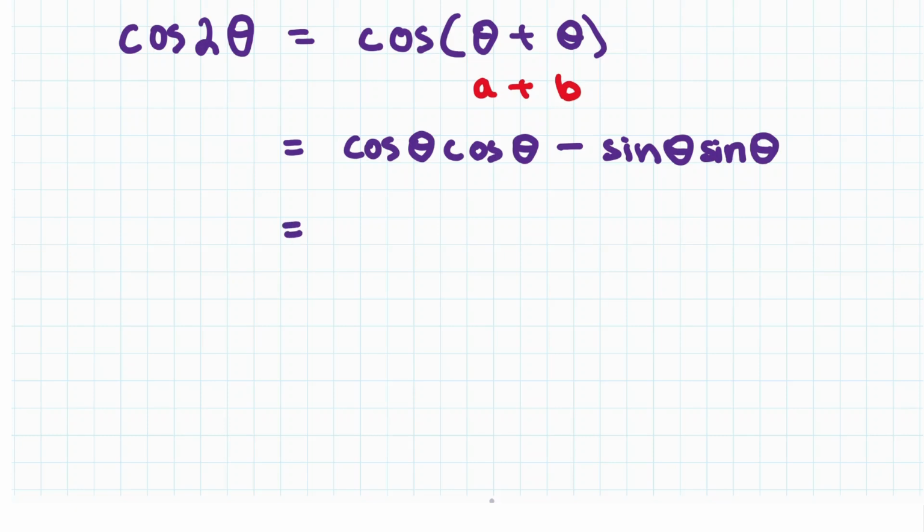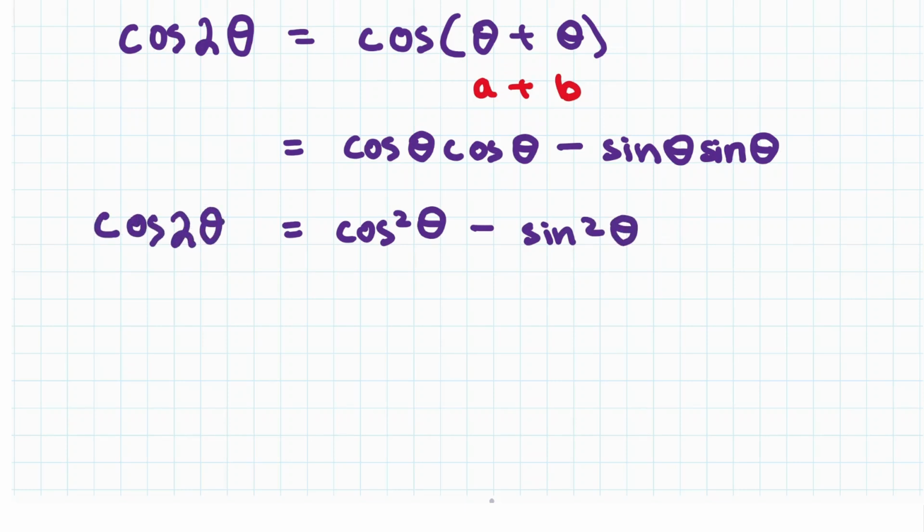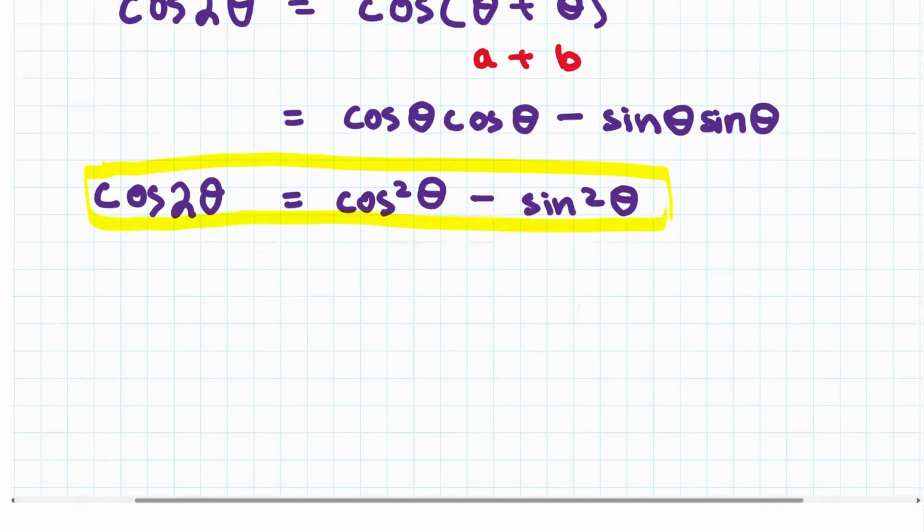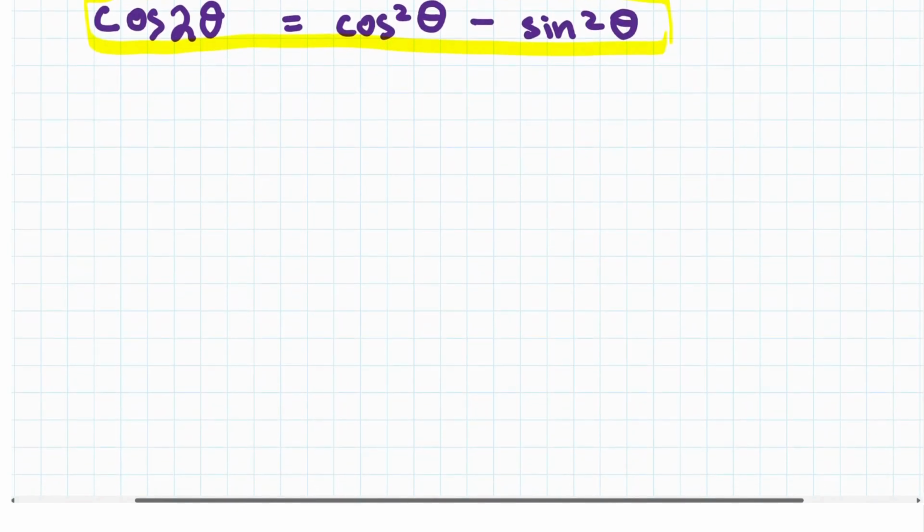Well, we can rewrite this then as cos squared theta minus sine squared theta. And there you go. That is identity number 1 for cos 2 theta. So let's put a nice little yellow box around that. But let's challenge ourselves to take this further and derive 2 more.